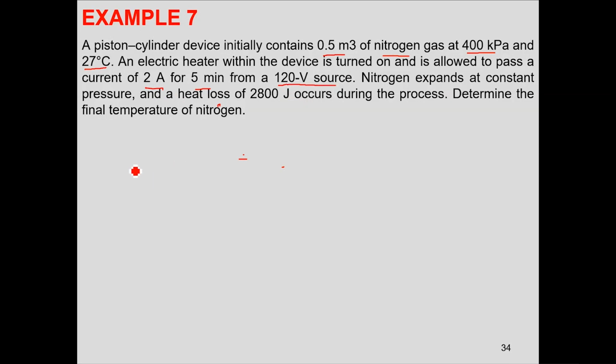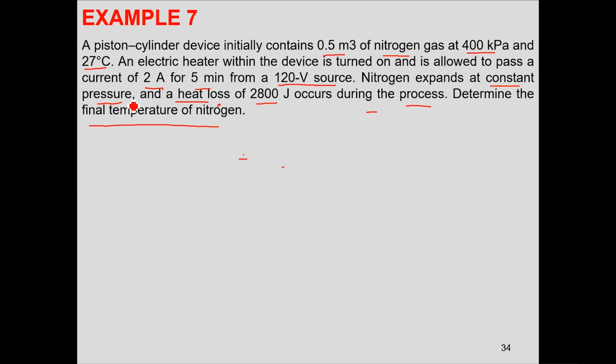It says that nitrogen expands at constant pressure. So the pressure at which the expansion is taking place is constant, and at the same time there is a heat loss of 2800 joule that occurs during the process. You have to determine the final temperature of nitrogen as a result of the process that has taken place.